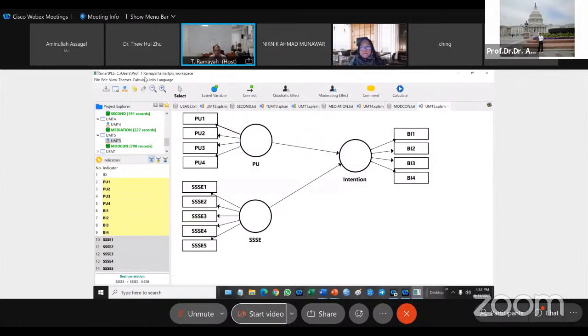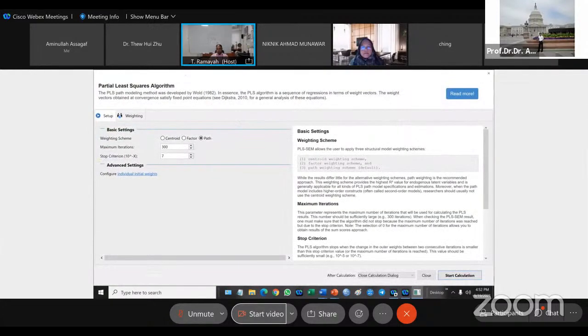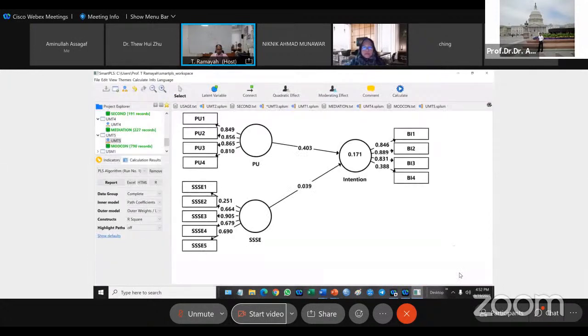So the first thing you will do is run the algorithm to decide whether your AVE is okay, CR is okay, discriminant validity is okay before we introduce the interaction effect. So we will run calculate algorithm, and you find that statistical software self-efficacy item number 1 here is 0.251.